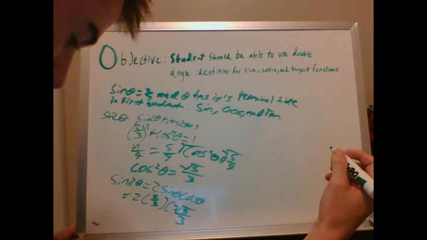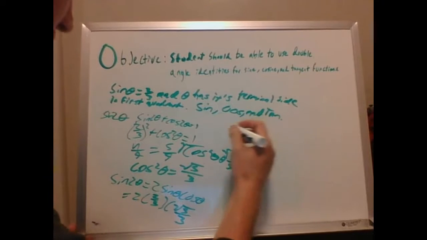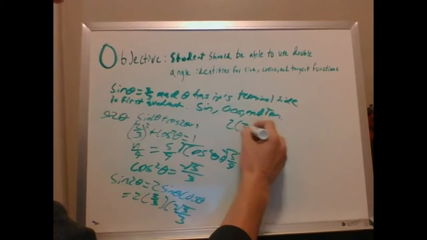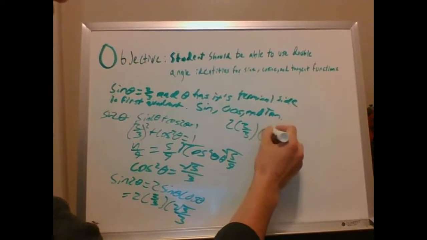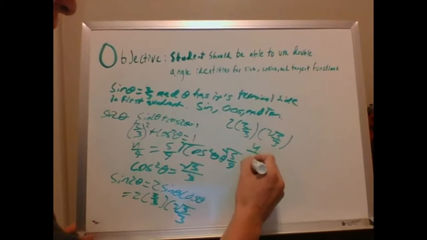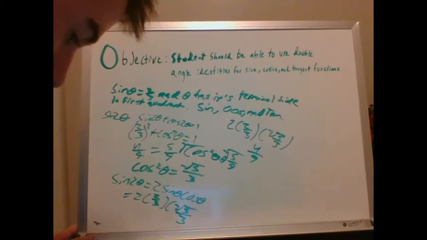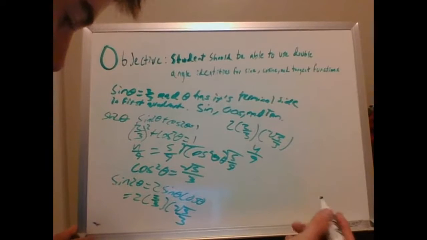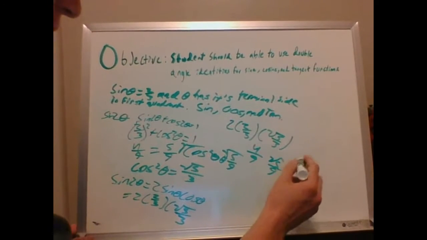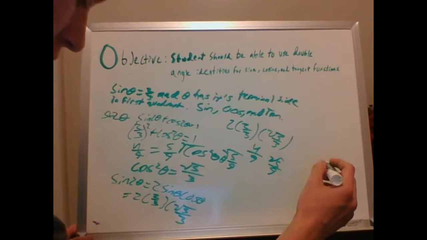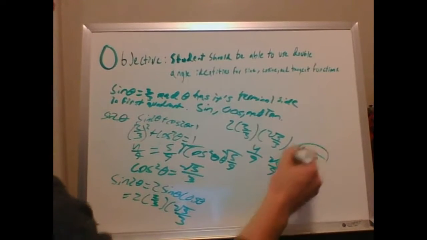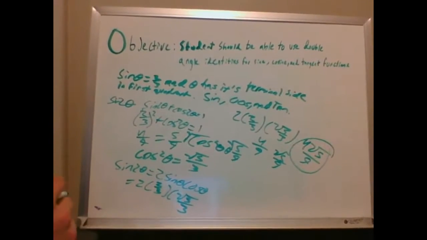We'll have the same terms over here. So 2/3 times square root 5 over 3. So that'll leave us with 4/9, and then square root 5 over 9. So that will eventually lead to 4 square root 5 over 9. And that'll be our sine 2 theta.